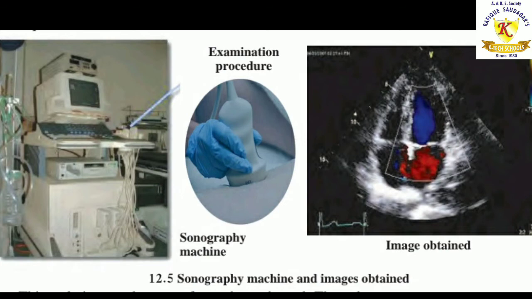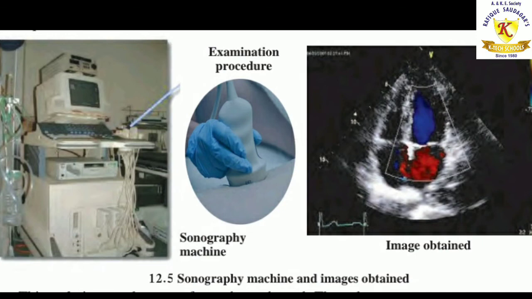The gel is used to make proper contact between the skin and the probe so that the full capacity of the ultrasound can be utilized. The gel is applied to the skin outside the internal organs to be studied.